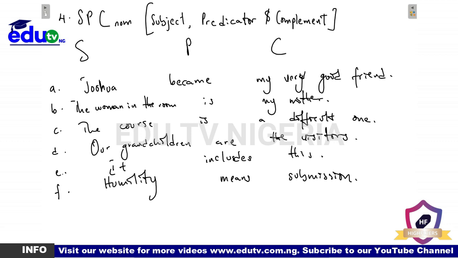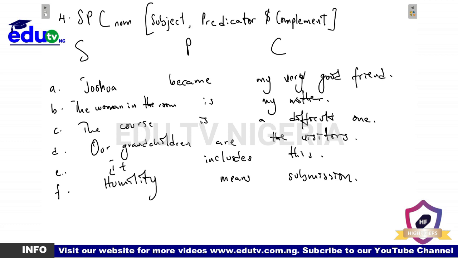So you get it? Now, we have the first example, Joshua became my very good friend. As you could see, Joshua is the subject. Became is the predicator, and my very good friend is the complement intensive. The woman in the room is the subject of the second sentence. Is is the predicator. My mother is the complement. The course is the subject of the third sentence. Is is the predicator also.